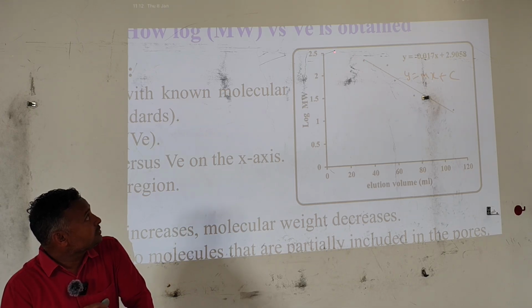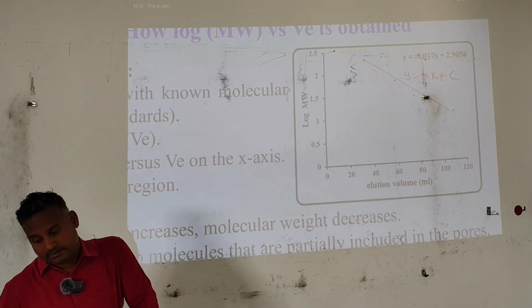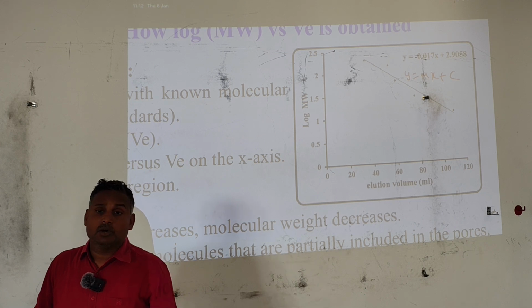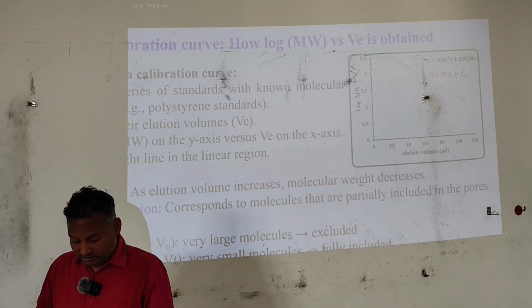If you extrapolate the line, wherever it touches the axis, that is the intercept. By using this, you will be able to determine the molecular weight of a particular fraction.